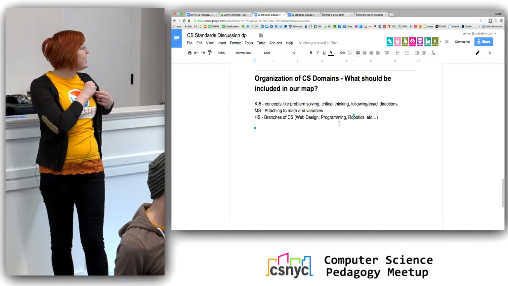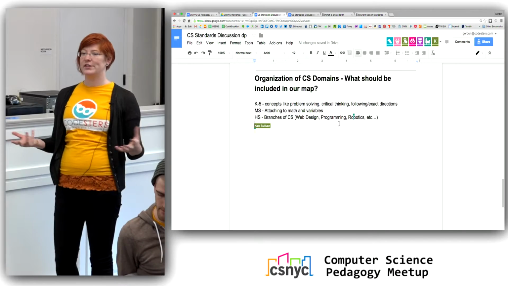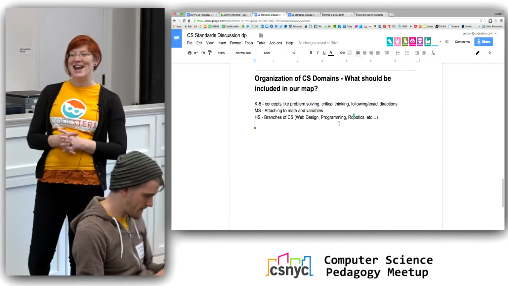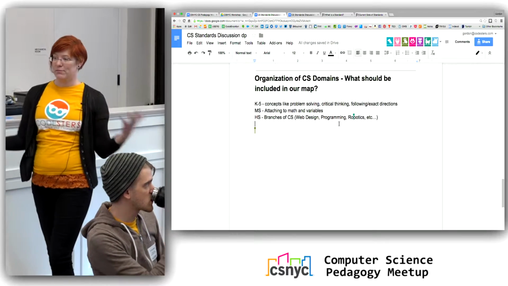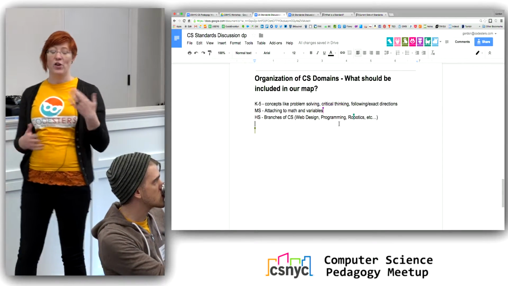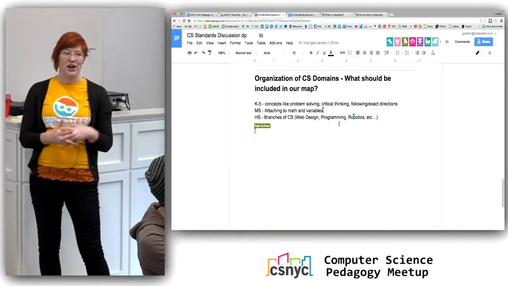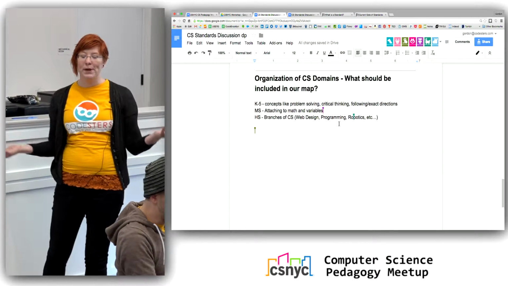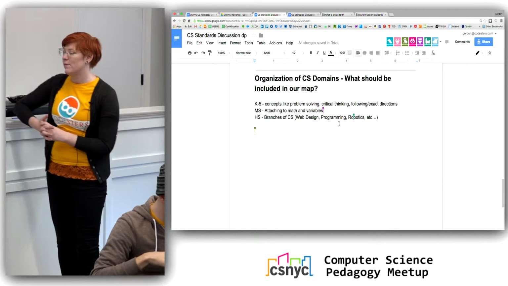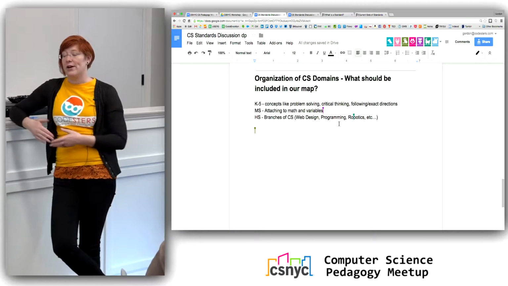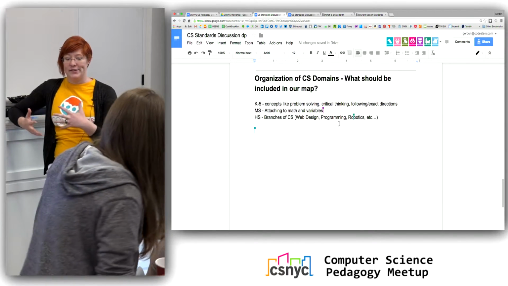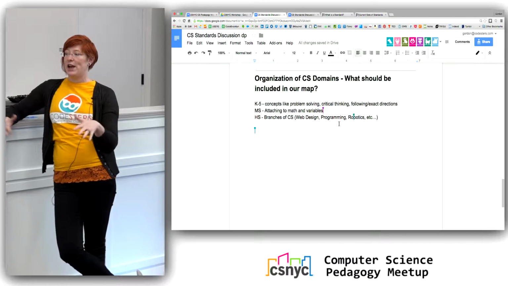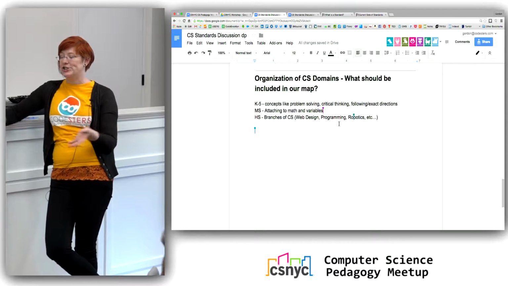This is really the start, the beginning of a conversation that is ongoing. As you may know, CSTA is also having this conversation. They had an open call for ideas about reworking their standards, and especially in New York City, we have the CS for All initiative.